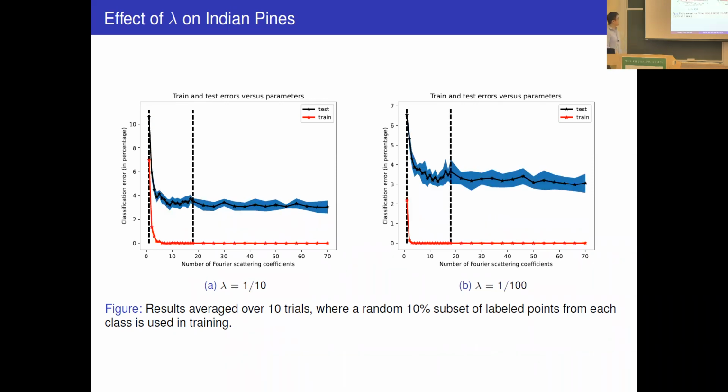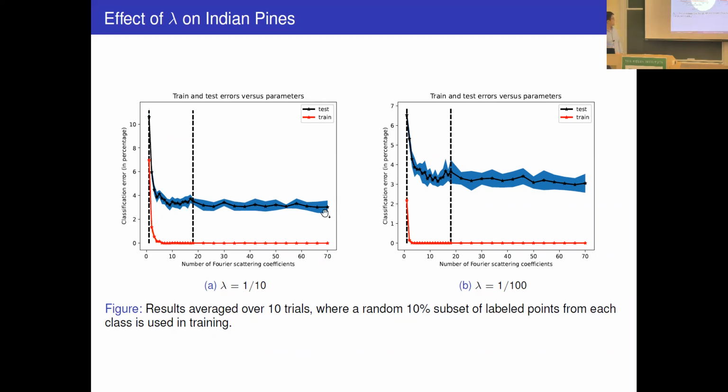But also surprising is that if we lower the lambda parameter even more, then it's saying that I should not worry about the norm of W. I should only care about fitting the training data. You see that the training error is 0 very quickly using just a few scattering coefficients, but the test error actually is smaller.